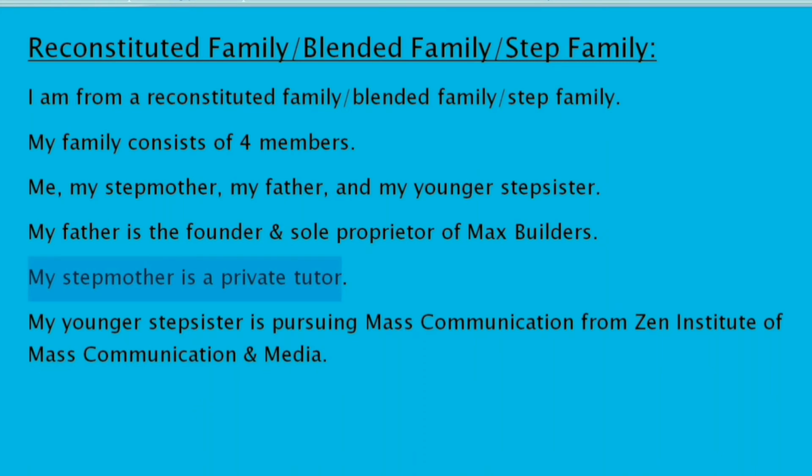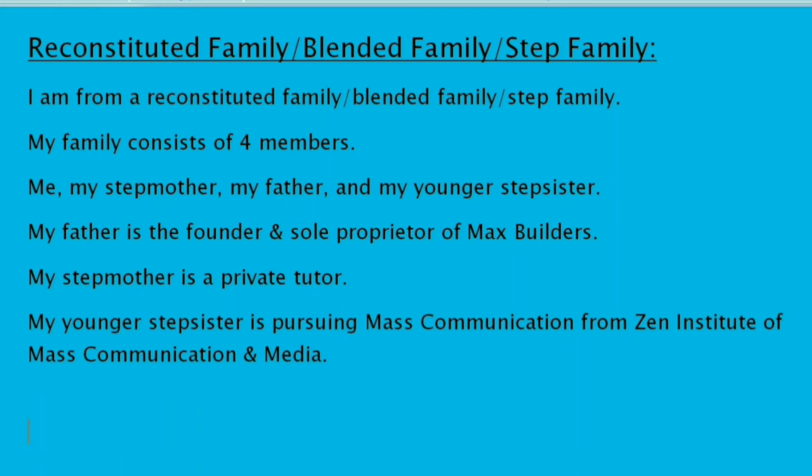Then your stepmother's profession, that my stepmother is a private tutor in this example. And at last you mention your stepsister or stepbrother. As you see in this example, it is mentioned my younger stepsister is pursuing mass communication from Zen Institute of Mass Communication and Media.